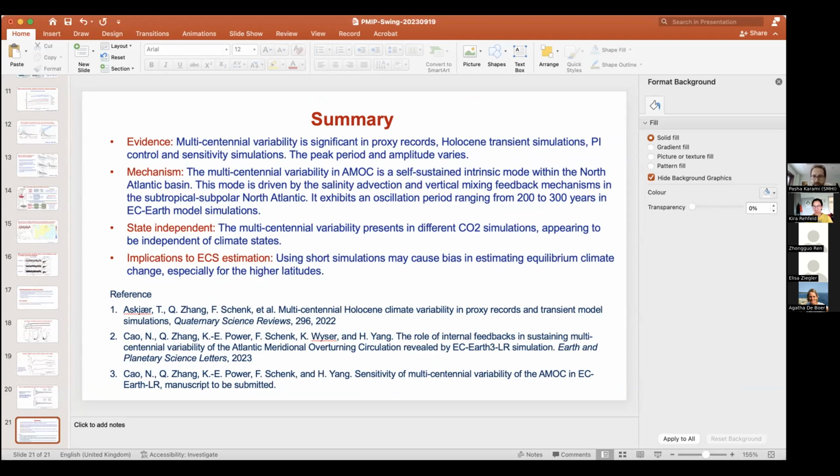Thanks for the nice talk. Maybe I missed it, but about model resolution: among these different models you showed, what's the effect of model resolution? Because you use different models and obviously some of them had different resolutions, but does it have any impact on the, say, period or frequency of the variability?